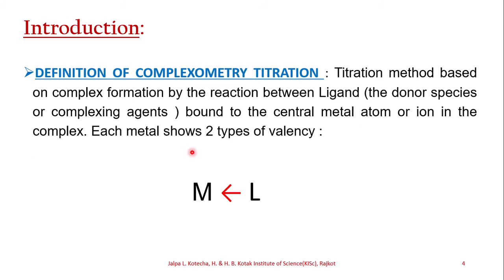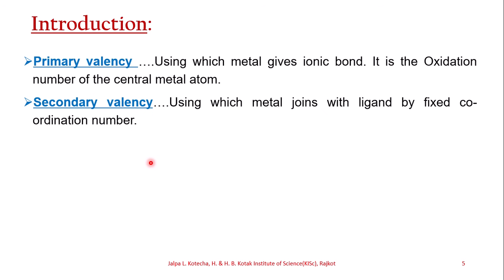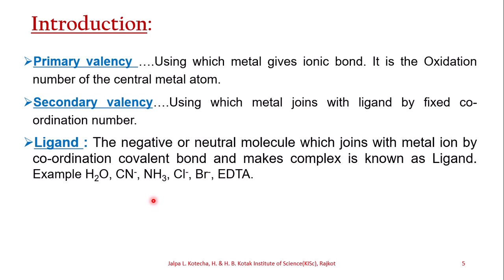Now here the metal shows 2 types of valencies. First is the primary valency and the second one is the secondary valency. Let us understand this by taking one example. Say you have this complex formation.